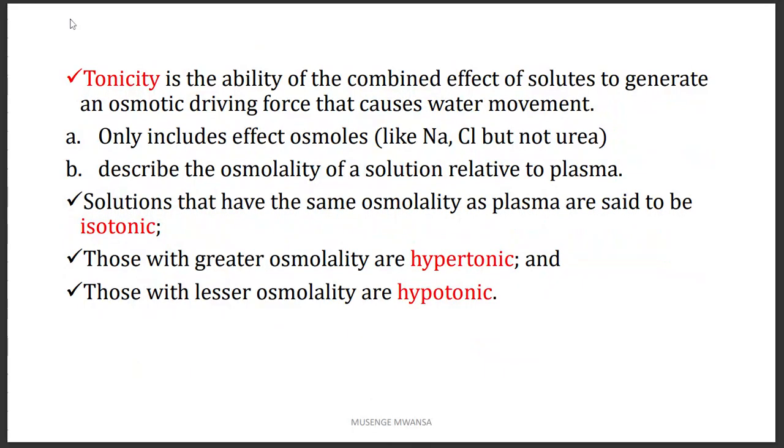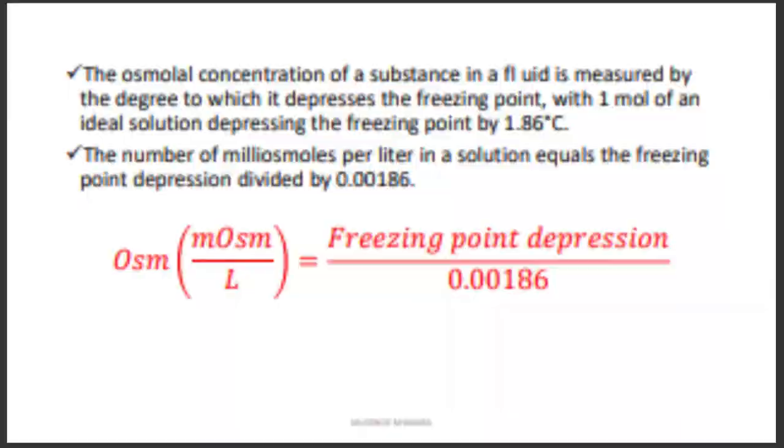Right. For now, we also have tonicity. Tonicity is simply the ability of the combined effect of solutes to generate an osmotic driving force that causes water movement. It might not be clear, right? So when we are talking about tonicity, it is different from osmolarity.